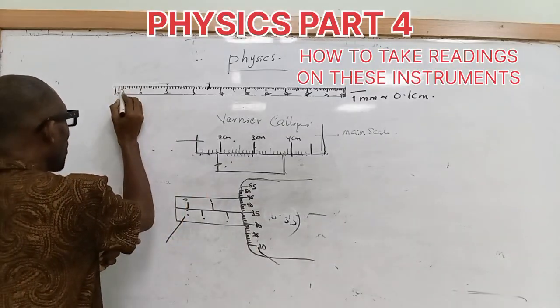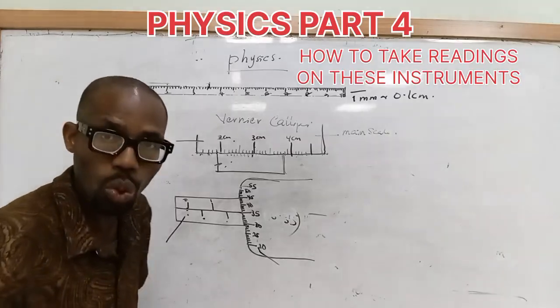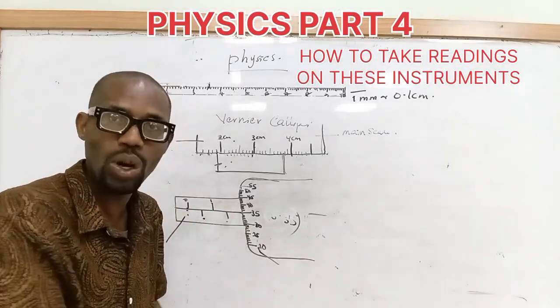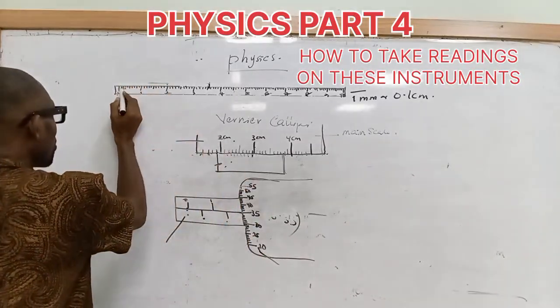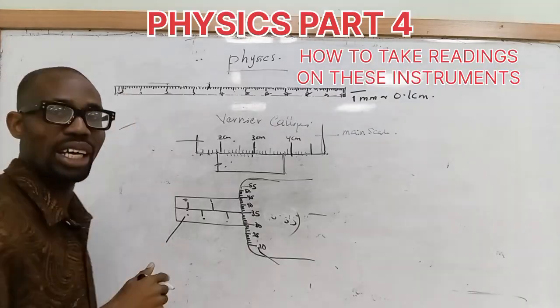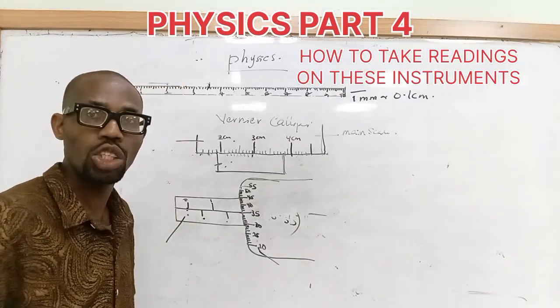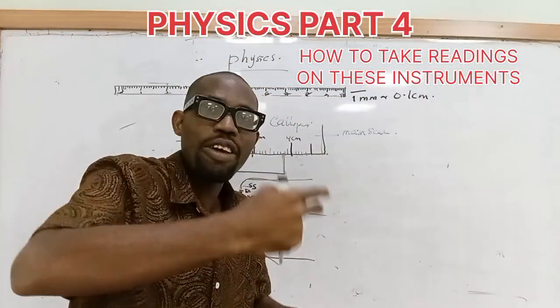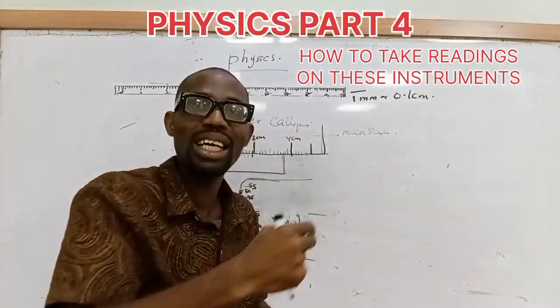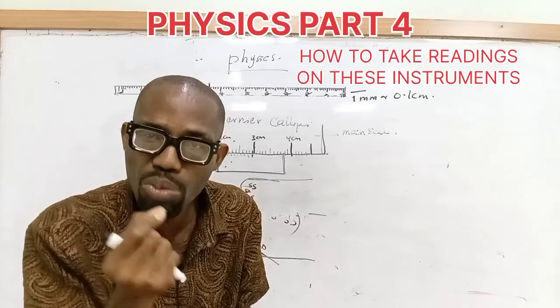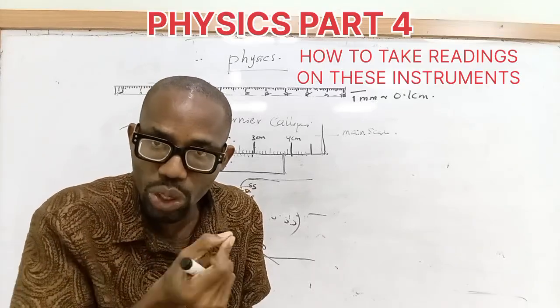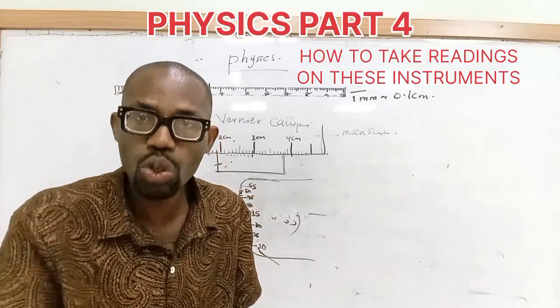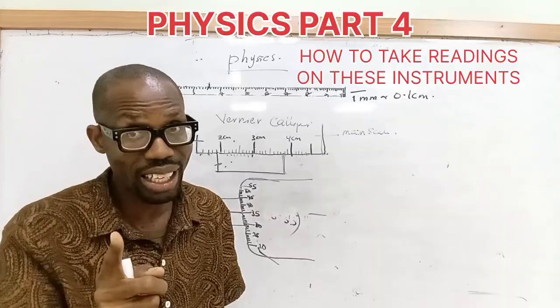The distance between 0.1 and 0.2 is what? 0.2 minus 0.1 is 0.1. The distance between 0.2 and 0.3 is what? 0.1. So you can see that as the graduation increases, the smallest difference between these graduations or divisions will be 0.1. Do you understand it now?